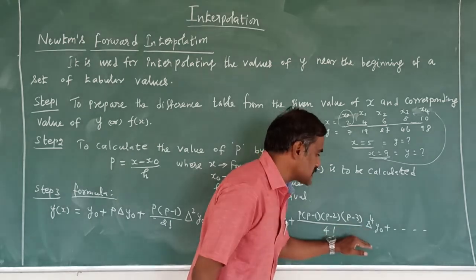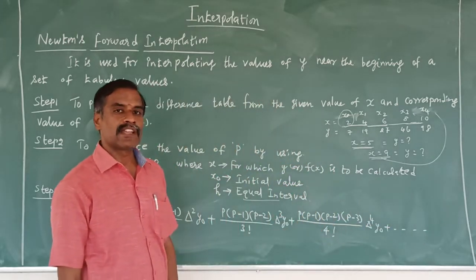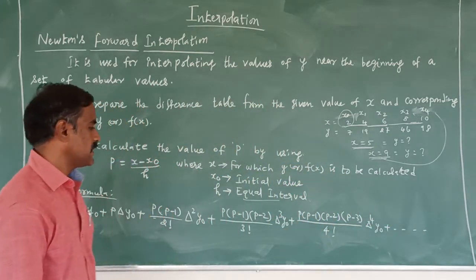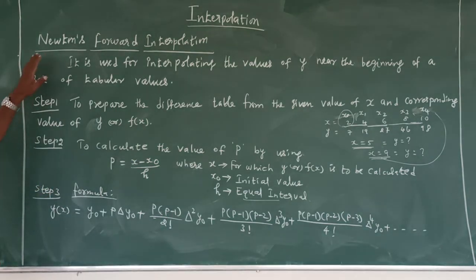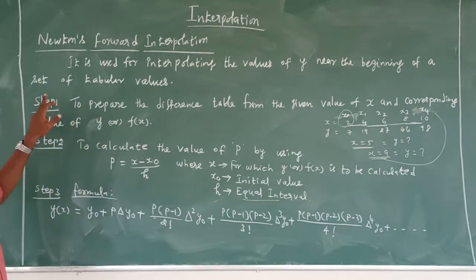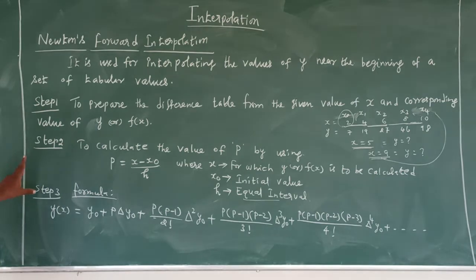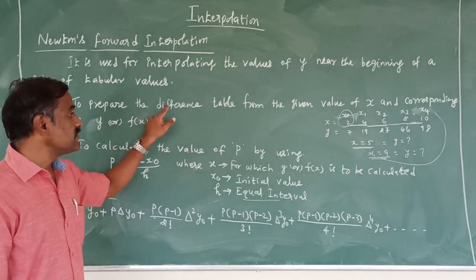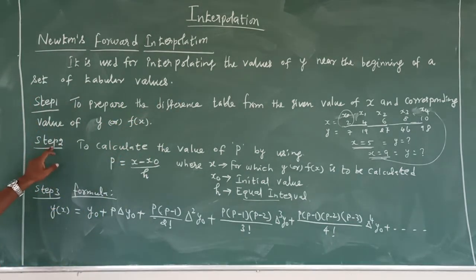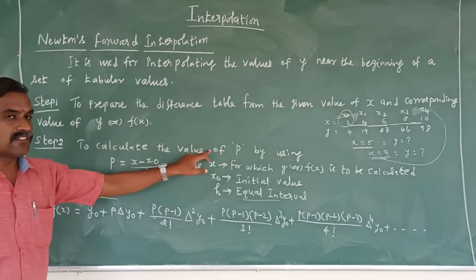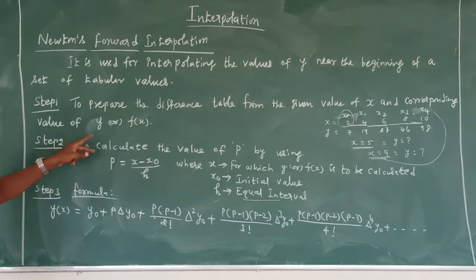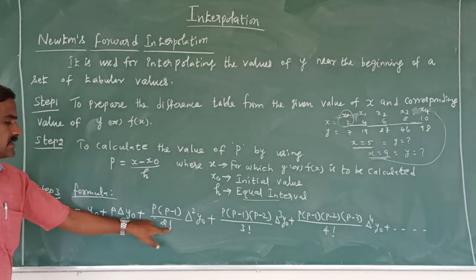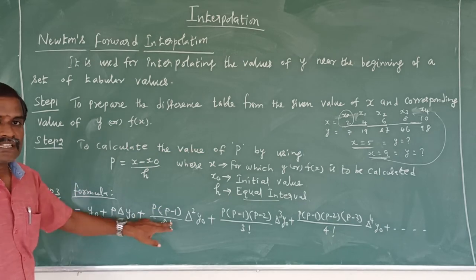We can extend the formula up to the required level. In Newton's forward, there are 3 steps we have to follow. Step number 1, prepare the difference table. Step number 2, calculate the p value, and then substitute the values in the formula.